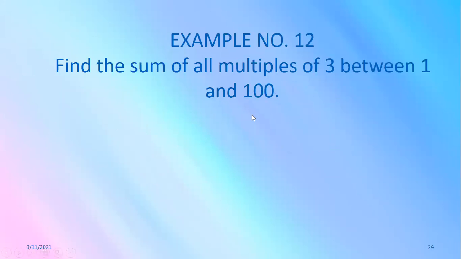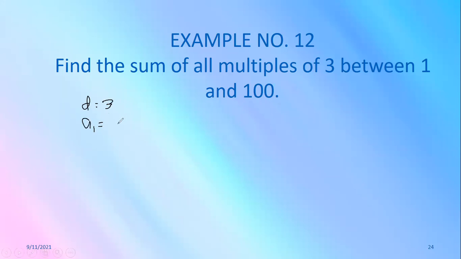Paano daw pag ganito? You ask the sum of all multiples of 3 between 1 and 100. Okay, ganito lang yan. Multiple of 3, of course, ang common difference is equal to 3. Multiple of 3 na yan, di ba?